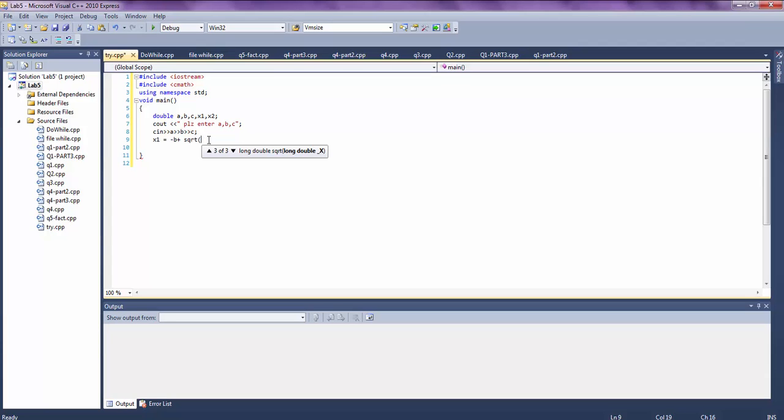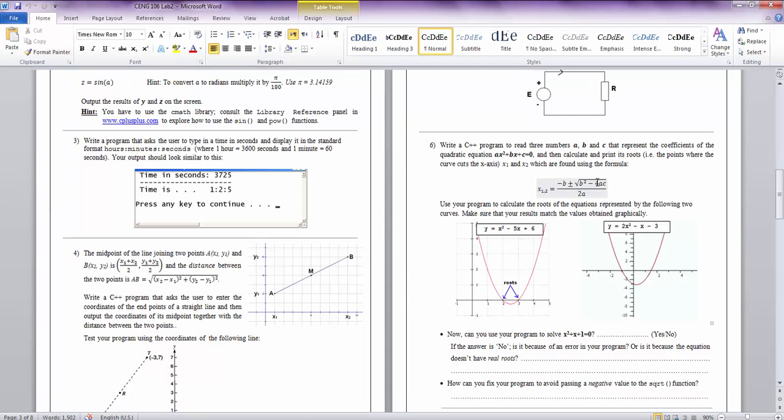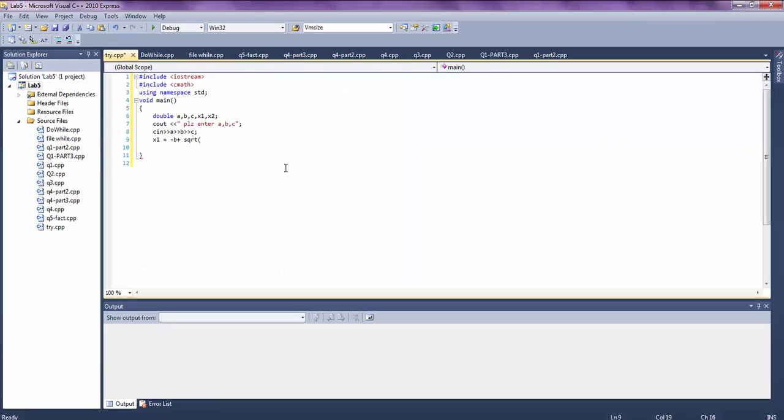So now here I want the square root of b squared minus 4ac. For the b squared, we are going to use the function pow. I need b squared, so the base is b, comma, and the exponent is 2. Then b squared minus 4 times a times c.